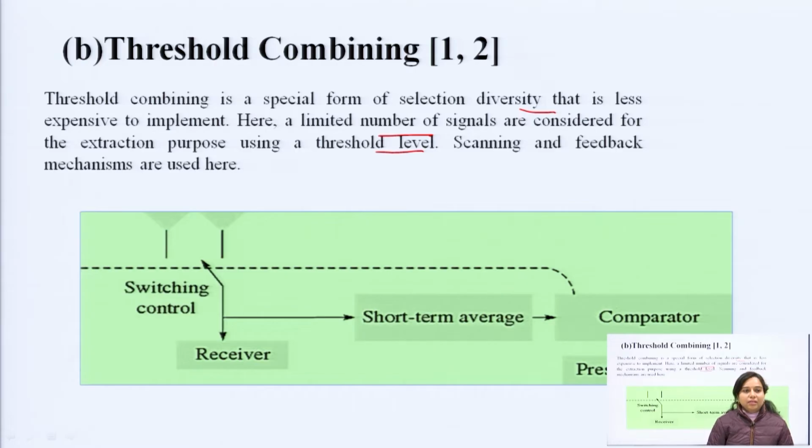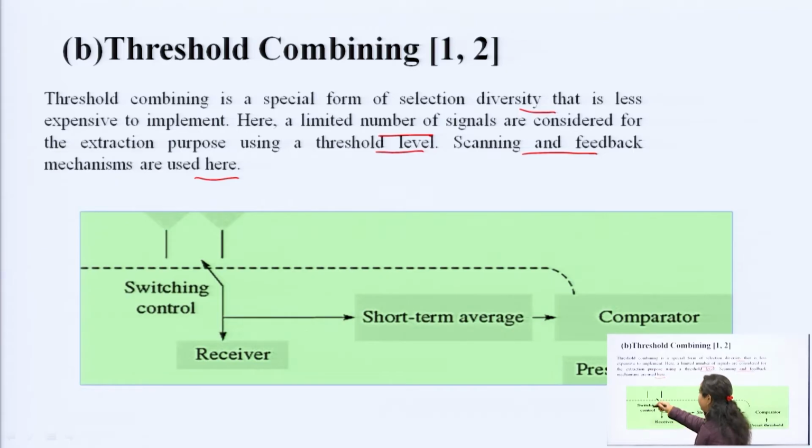Whatever signal we have received, it will be checked at the comparator, and it will be compared with the preset threshold value. If it crosses the particular threshold level, then that particular signal is received with a good quality, and if it is not, then it is not received with particular quality. Then scanning and feedback mechanisms are used there. So, this is the threshold combining technique.